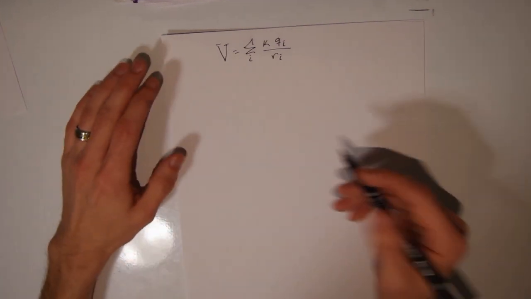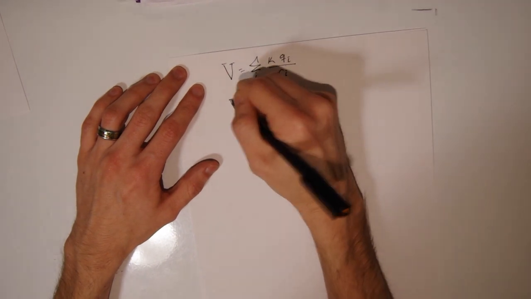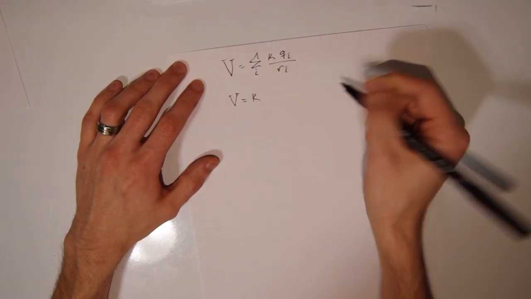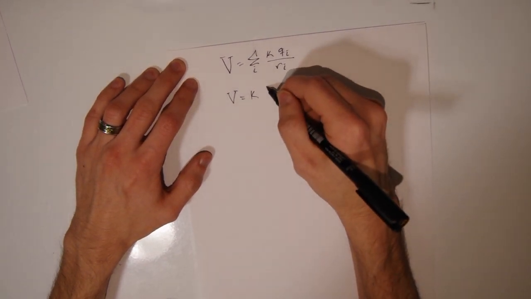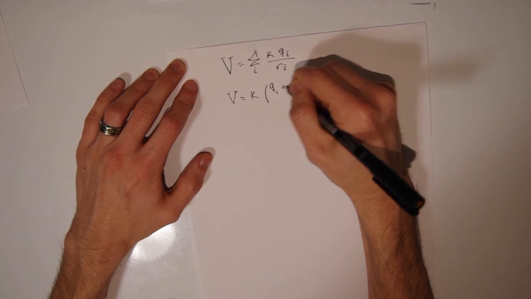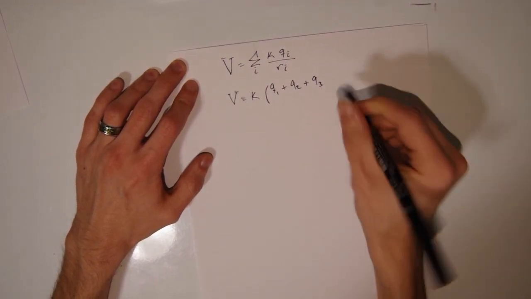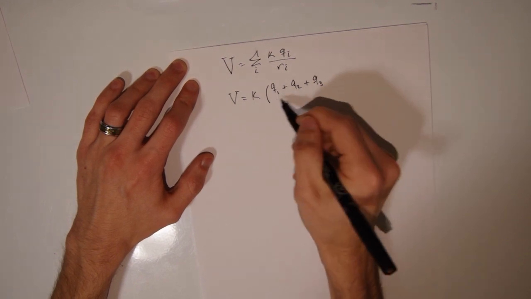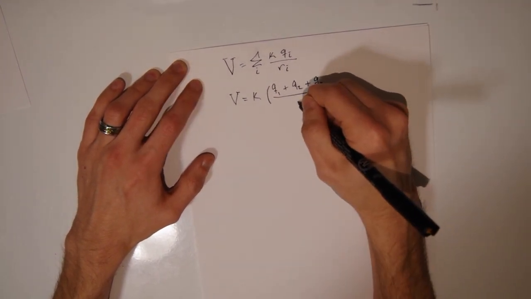So let's rewrite this equation in a simpler form. V equals k, which we factor out because it's multiplied throughout each term, then Q1 plus Q2 plus Q3, all over r, since the h's are equivalent in our diagram.